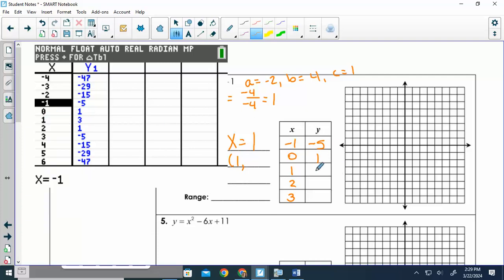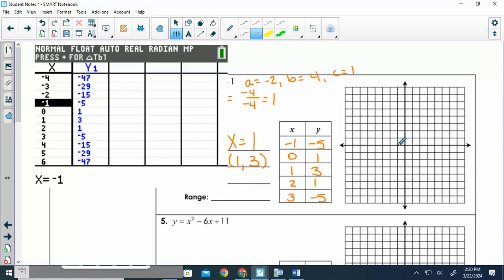X is 1, we get 3. 2, 1, and 3, negative 5. So what is my vertex? 1, 3, good.